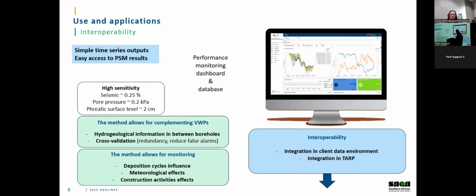These are all our curves from all the stations, I think, pushed into a live monitoring platform. So that integration into the client data environment is quite easy to implement, and integrating it into a TARP structure is more of a challenge, and that's something we haven't yet got to, but we will, but only in collaboration with the engineer of record, and to do it in a responsible fashion.